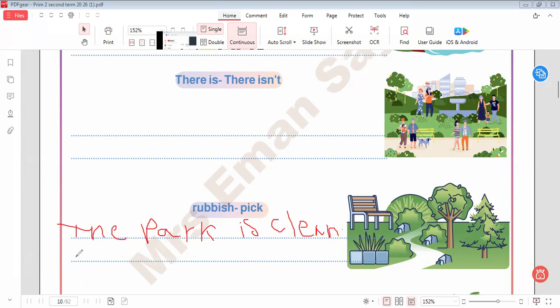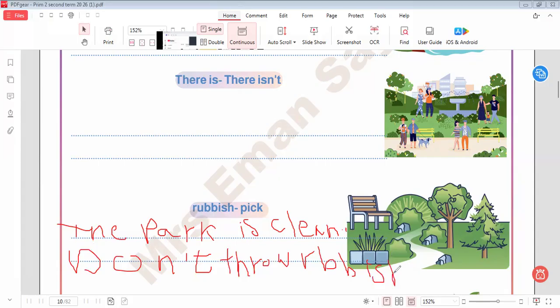Then I will say there isn't rubbish there. Or we'll say don't throw rubbish. Don't throw the rubbish there. Don't throw rubbish in the garden.